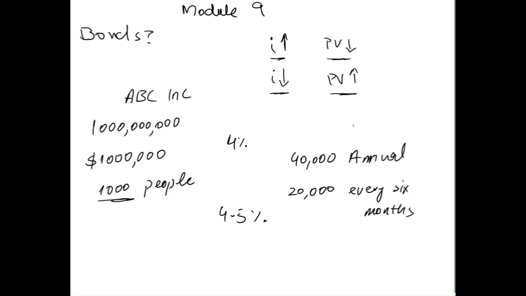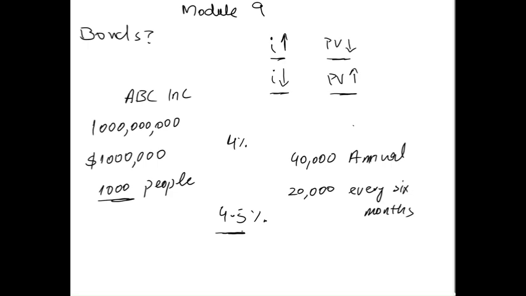And then, and this is getting into a bit more finance, they are going to discount the $20,000 that they are getting every 6 months and the $1 million that they are going to be paid at the end of the bond term using this market interest rate.